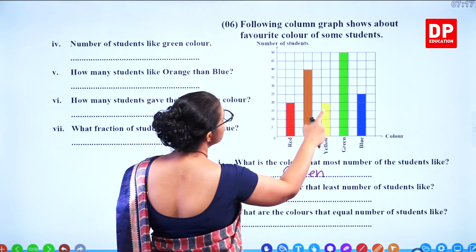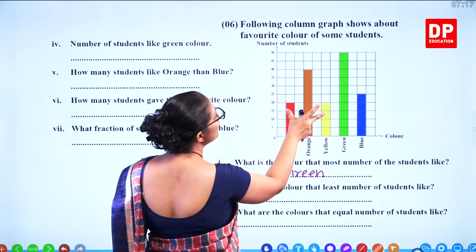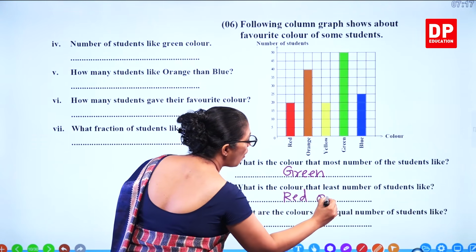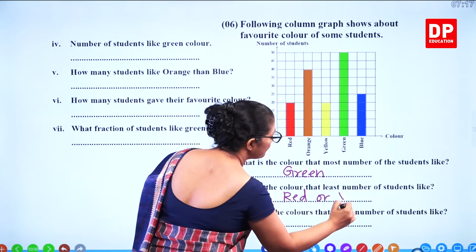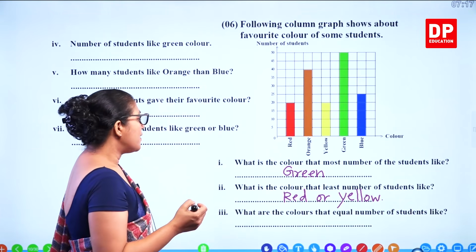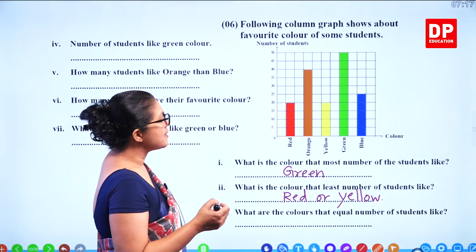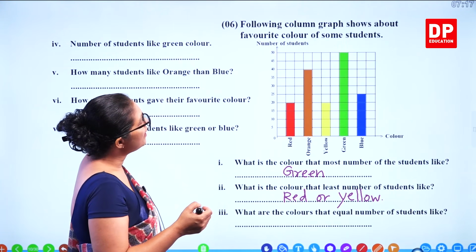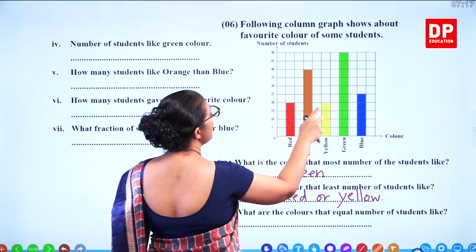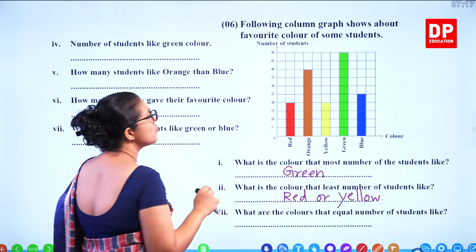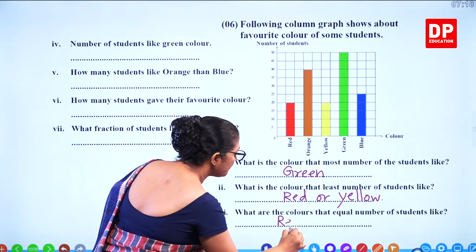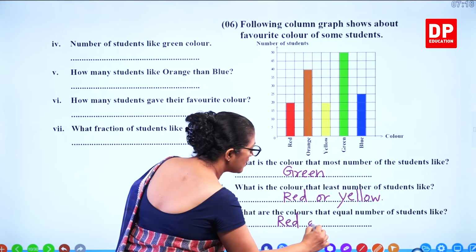Here, these two are the same, red and yellow. So, you can write both, red or yellow. What are the colors that equal number of students like? Equal number, red or yellow, because 20 students. So, they are equal, red and yellow.